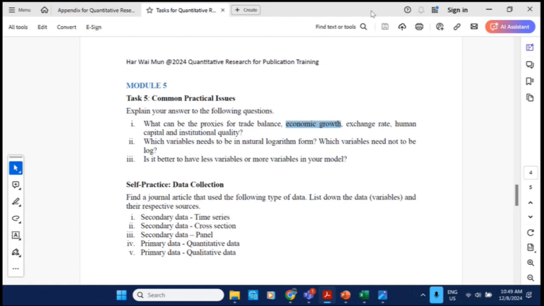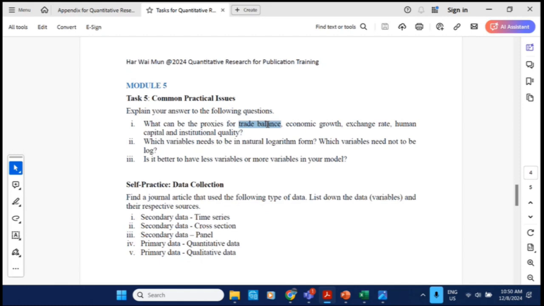When you log it, you interpret it in terms of percentage change, which is still considered economic growth. Exchange rate: actually, you have a lot of types of exchange rate. Usually, in a country like Malaysia, we use the exchange rate with USD, or another one is the real effective exchange rate.